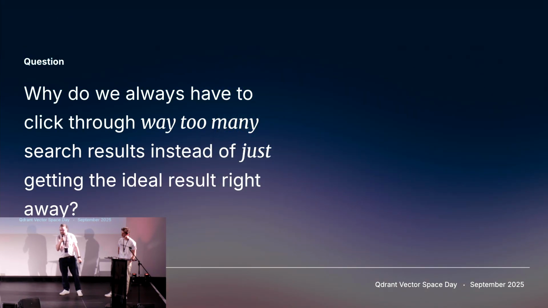So we sat down together and asked ourselves the question, why do we always have to click and scroll through way too many search results instead of just getting a best matching product that suits us best with our needs and our context?